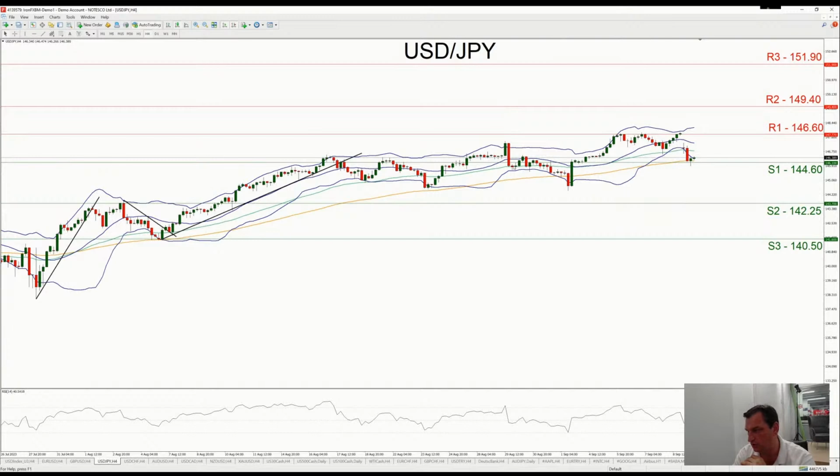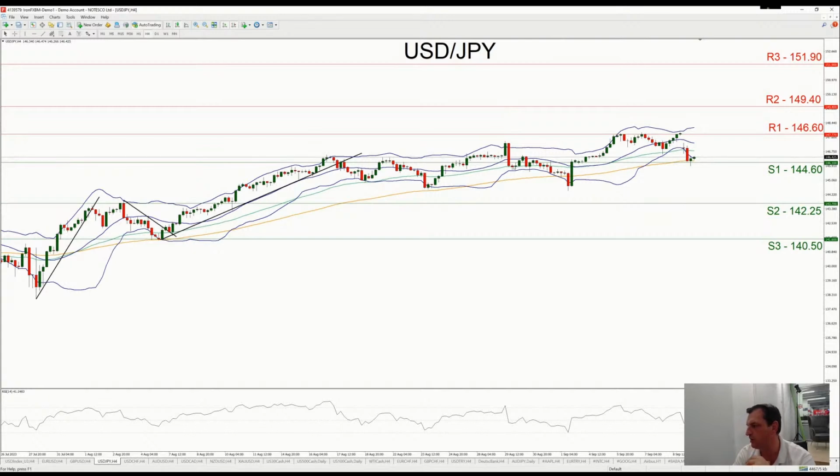For a bearish outlook, I would require the pair to drop below the 144.60, have a clear break, maybe even the S1 providing resistance at some point, and start aiming for the 142.25, nothing less. Should the bulls take over, we may see the price action of USD/JPY rising, breaking the R1 146.60.